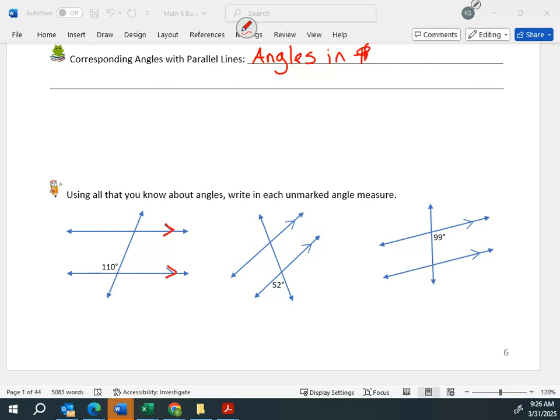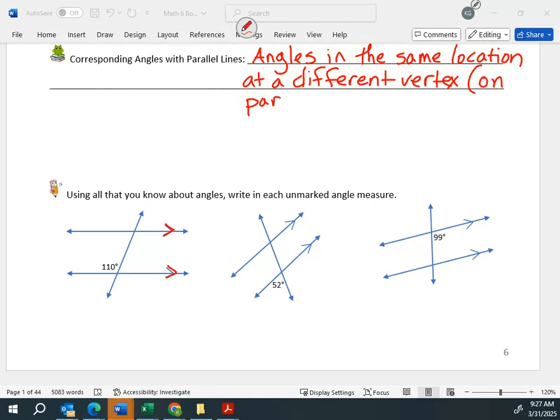Angles in the same location, at a different vertex, on a parallel line are congruent.